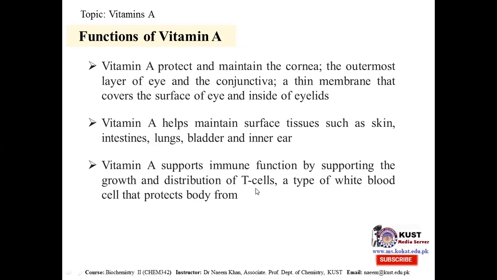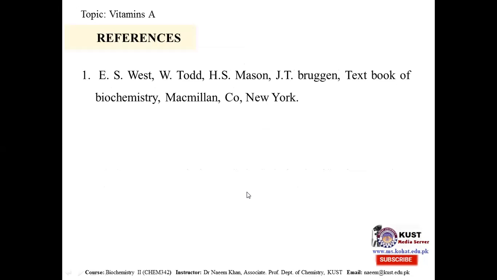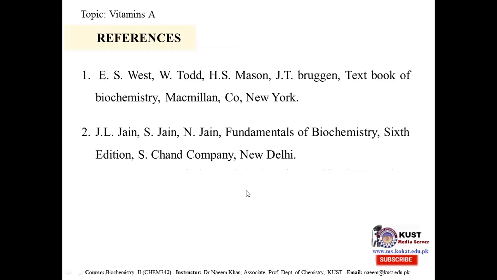So this is one of the mechanisms which is required by the body to control the antigen. So T cells growth and distribution is dependent upon vitamin A, and thus vitamin A is required for our immune system. Western Todd book is recommended, and GL Jain book, especially GL Jain book.